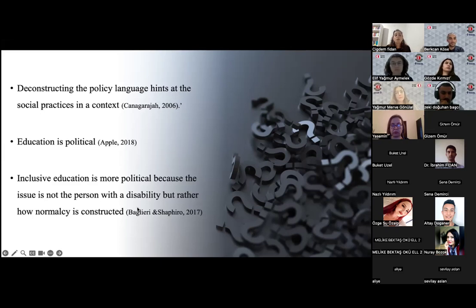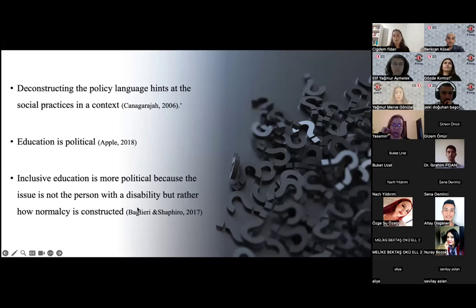And we should all know that education is political. That's why we should always have a critical perspective while looking at a policy document or textbooks or curriculum that you are going to use after graduating, for example. Inclusive education is even more political because the issue is not the person with a disability, but rather how normalcy is constructed in a society.